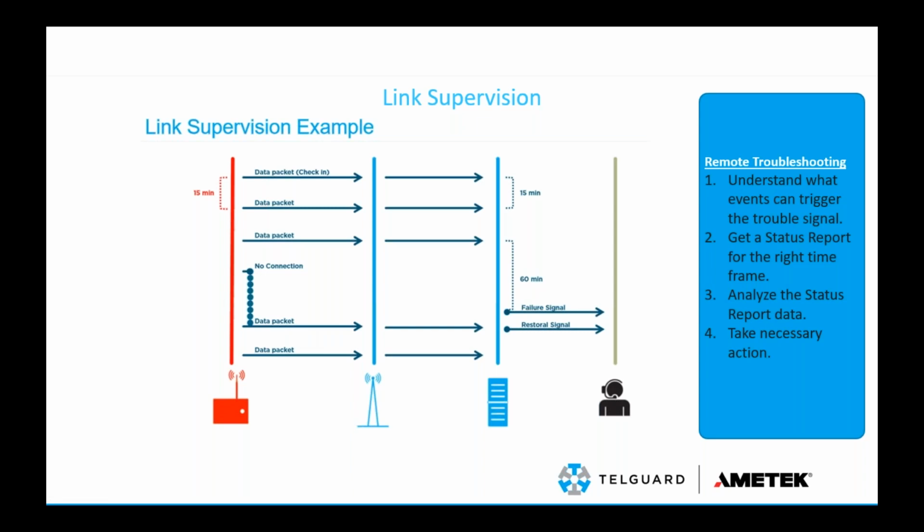It is key to note that a loss of central polling on the TG-7FS will be specified as an RFC, or radio failure condition. So yes, you will get a loss of central polling signal to your central station, but your STC relay will also be triggered by the Telguard for an RFC.